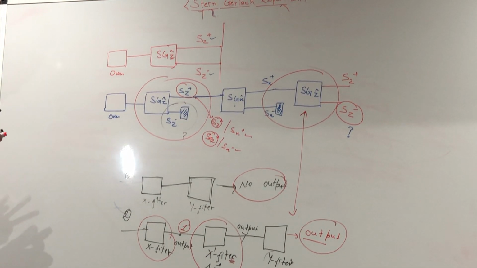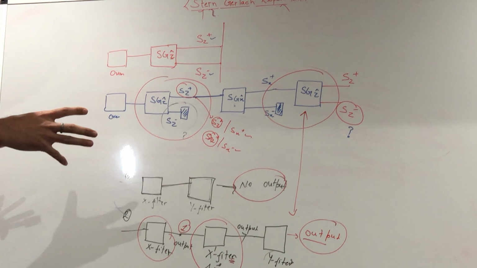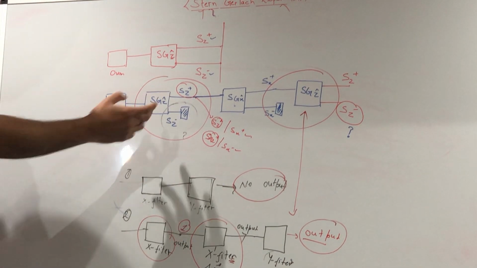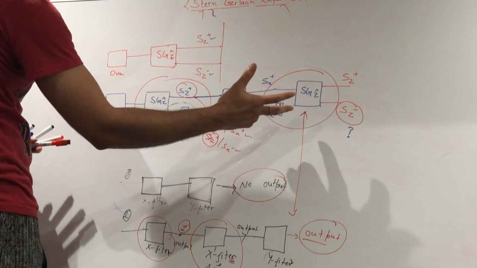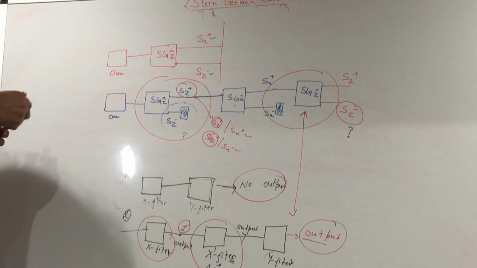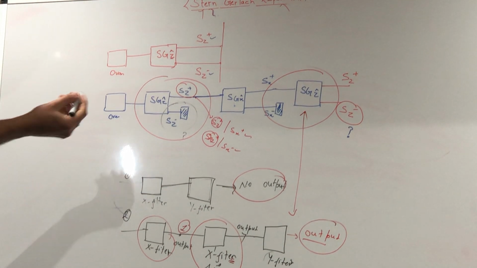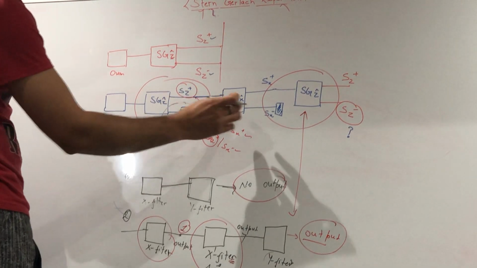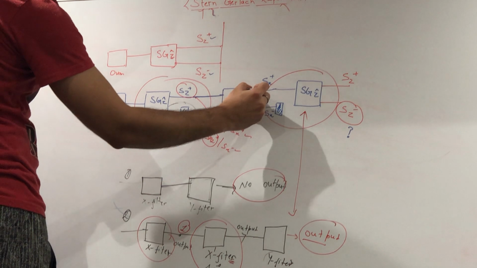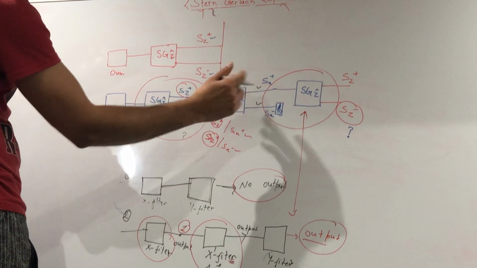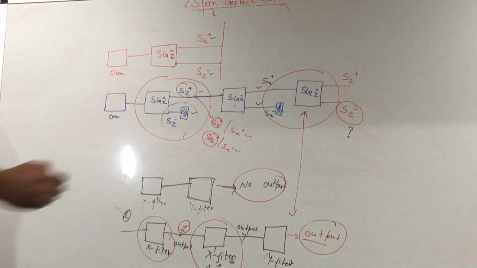So the output coming from any experimental setup is a combination of different inputs, a linear combination of two different states.